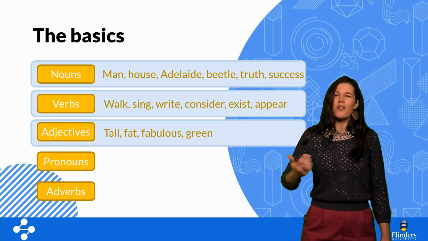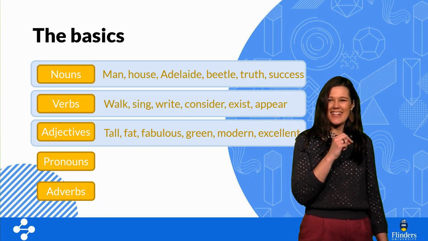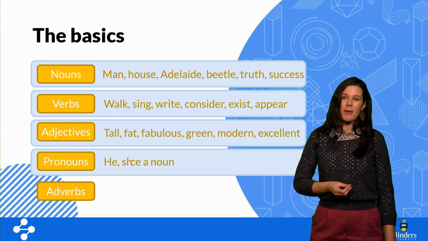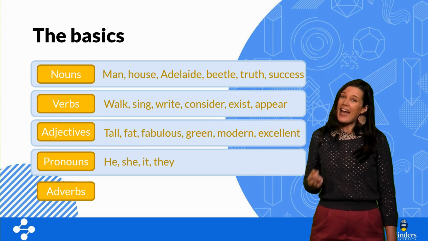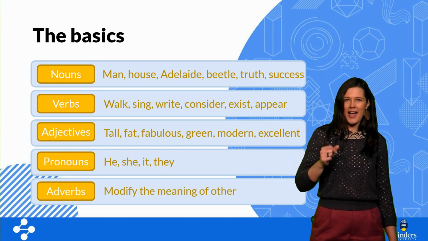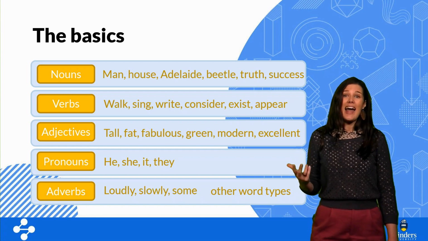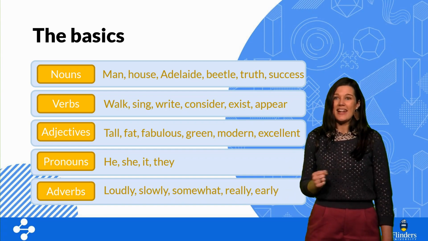So tall, fat, fabulous, green, modern, excellent. Pronouns replace a noun in a sentence. So these might be he, she, it, they. And finally, adverbs, these modify the meaning of other word types. So things like loudly, slowly, somewhat, really, and early.